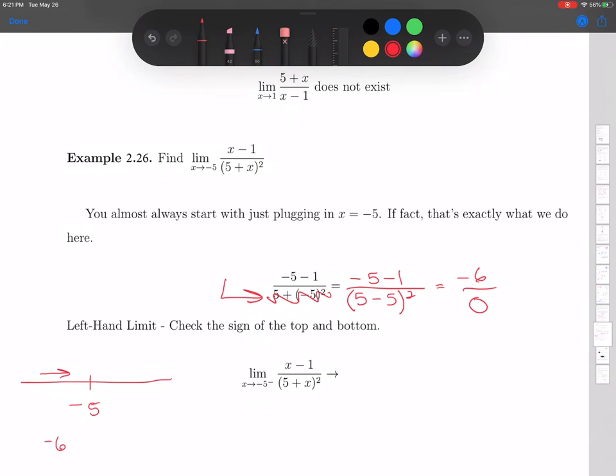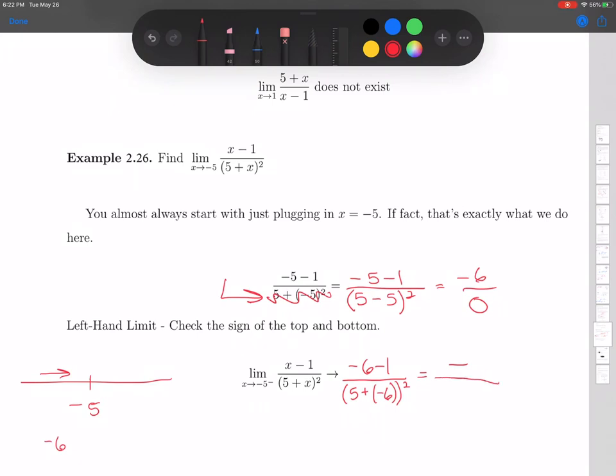It's kind of far away from -5, but we want to think about it as being that. Okay, so if you chose -6, if we plug -6 into the numerator, you would get -6 minus 1, and that would be a negative outcome, right? In the denominator, you would have 5 plus -6, squared.